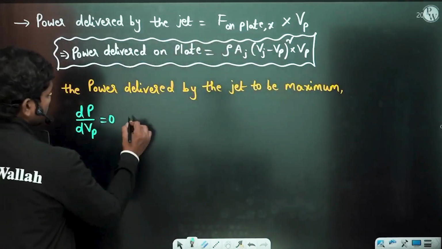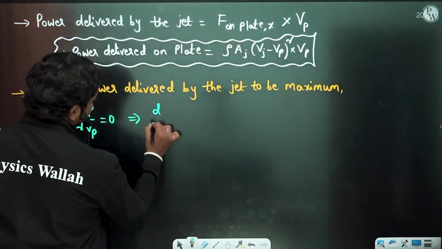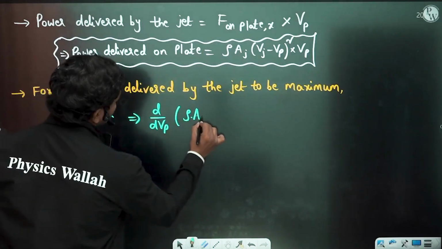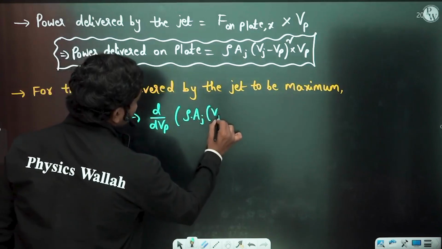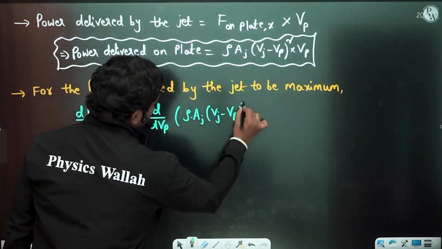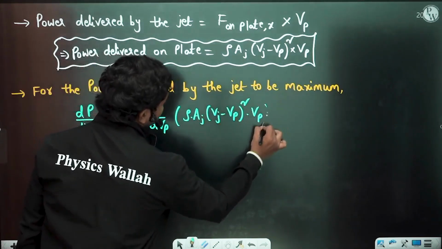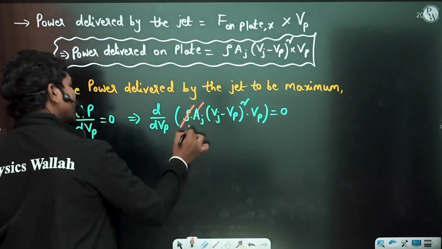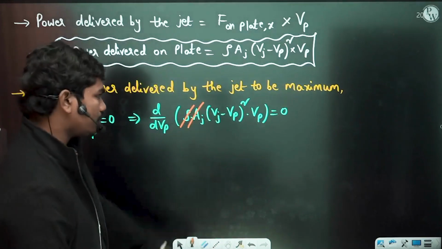So this is equal to d by d vp of rho aj (vj minus vp) whole square into velocity of the plate, equal to 0. Now in this there are two constants, the density and the area of the jet; they have nothing to do with this.